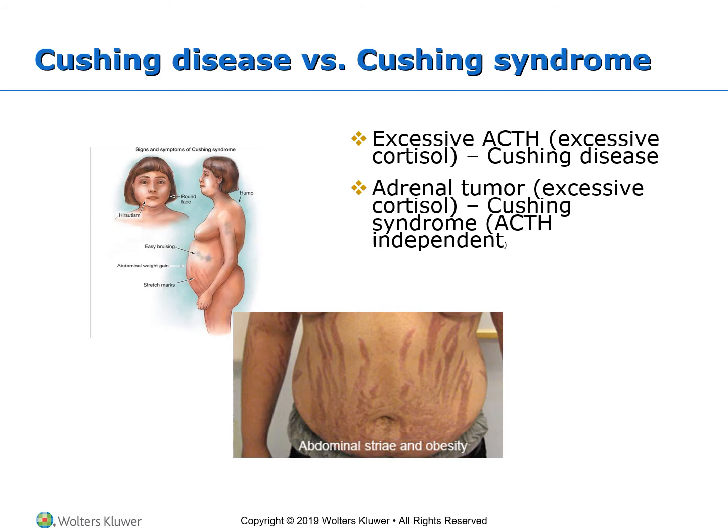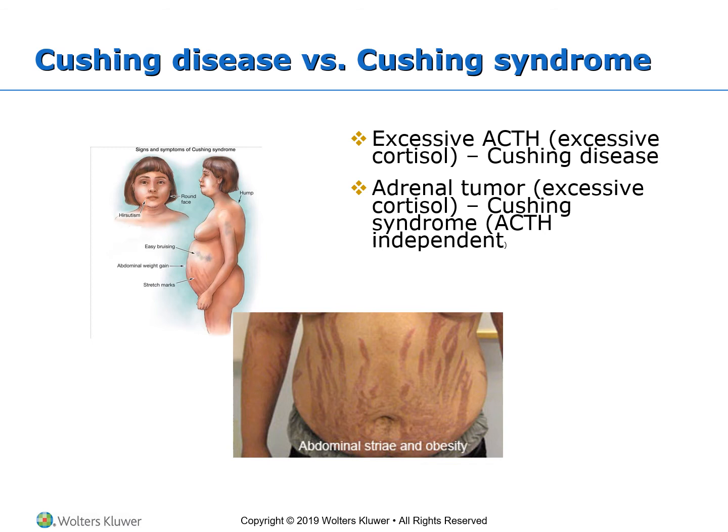And as a result of that, we have all the signs and symptoms of Cushing disease. The patients will have a very round face. In females, we'll see what is called hirsutism. We'll see a lot of facial hair in females, which is not obvious and not natural for females. They will look kind of froggy.